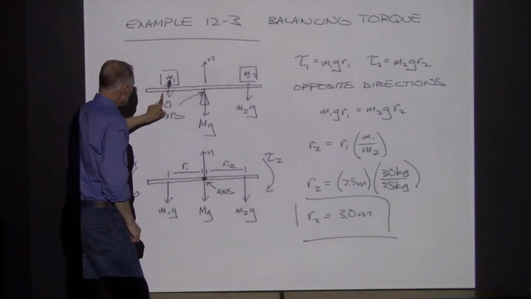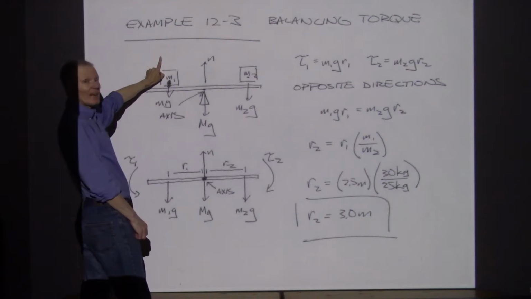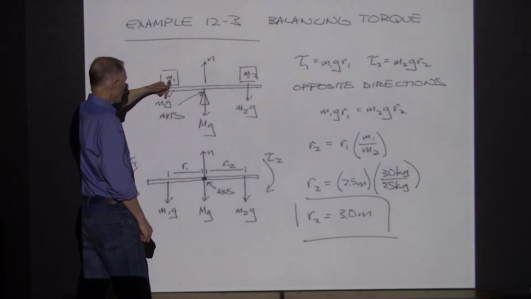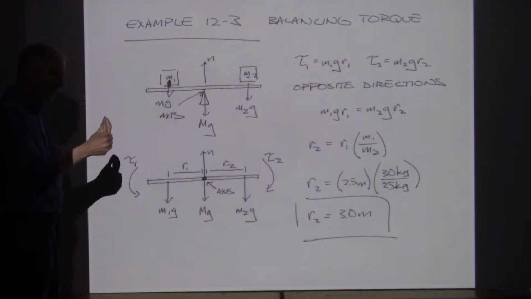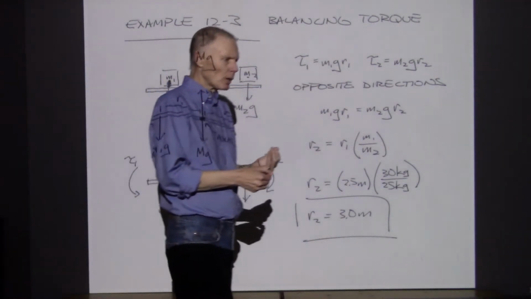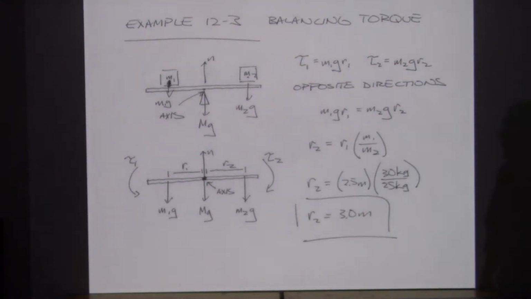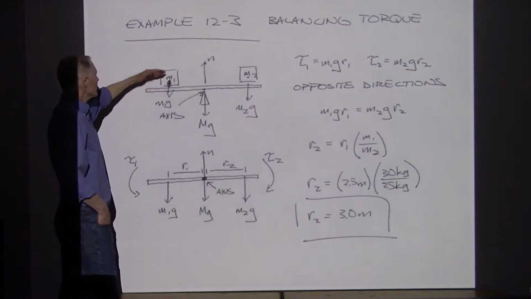Now, if the teeter-totter is pushing up on the kid with force N1, then the kid's pushing down on the teeter-totter with force N1. So there's a force N1 here. Since everything's at static equilibrium, the magnitude of N1 matches the magnitude of M1G, so we just do this shortcut. We say that the teeter-totter is loaded.